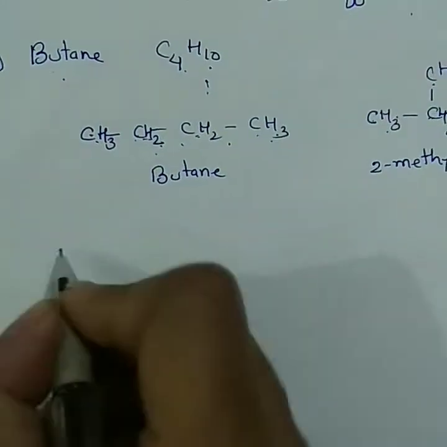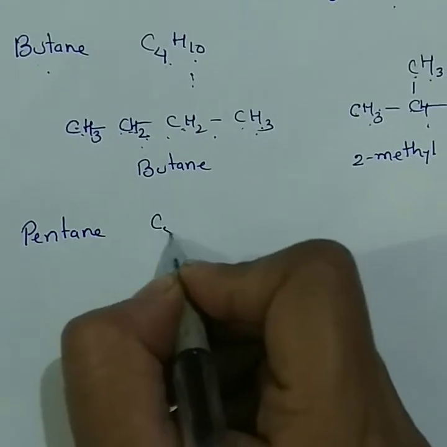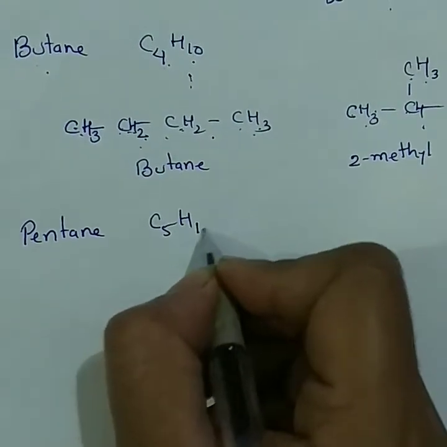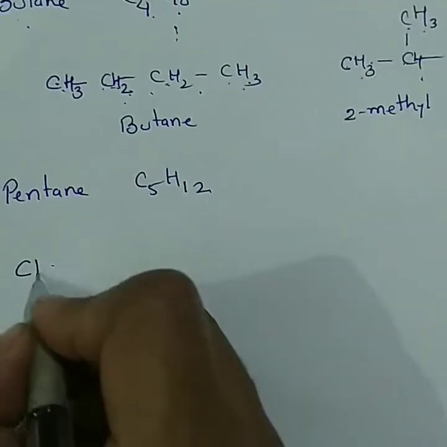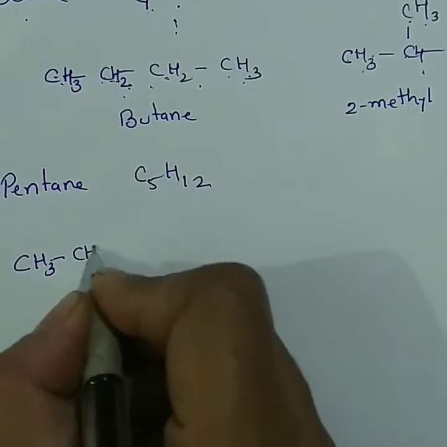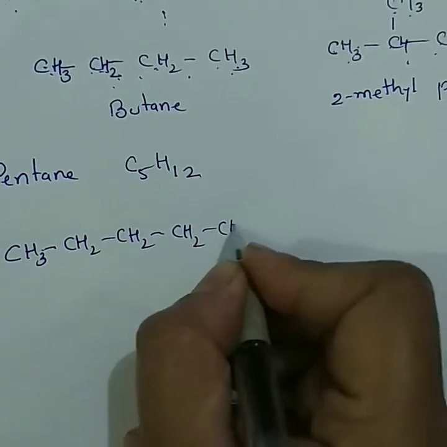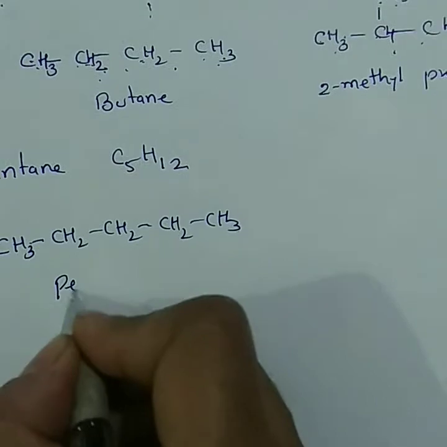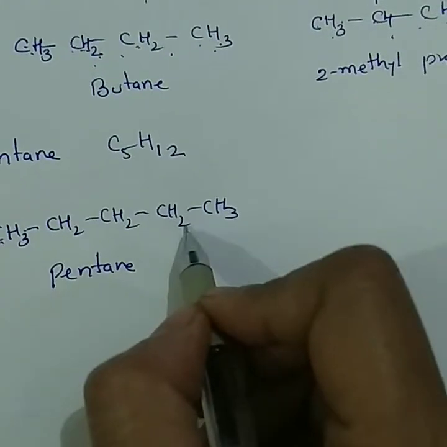One more example with pentane, C5H12. For the first structure, write the straight chain: CH3, CH2, CH2, CH2, CH3. This is pentane. The long chain contains 5 carbons.